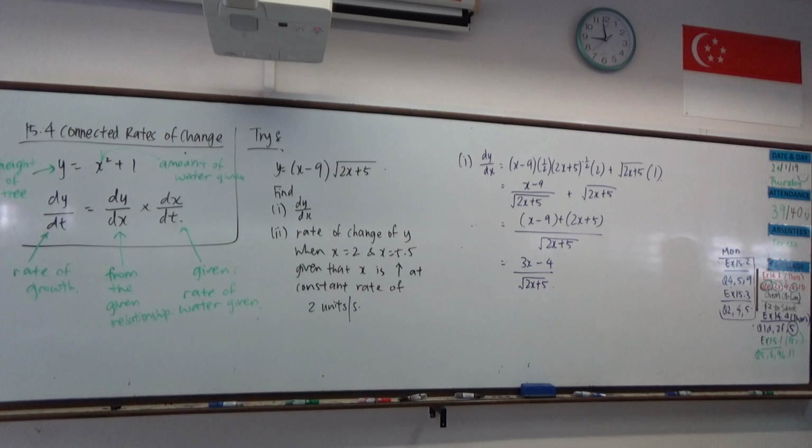The derivative upon simplification, you will get 3x minus 4 over square root 2x plus 5.